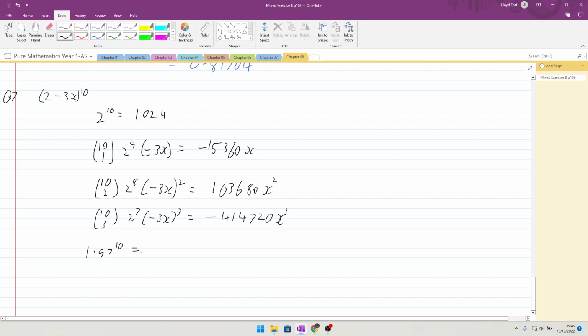Okay, so that is like 2 minus 0.03, to the power of 10, and that's like 2 minus 3 times 0.01 to the power 10, meaning that we've got x is equal to 0.01.